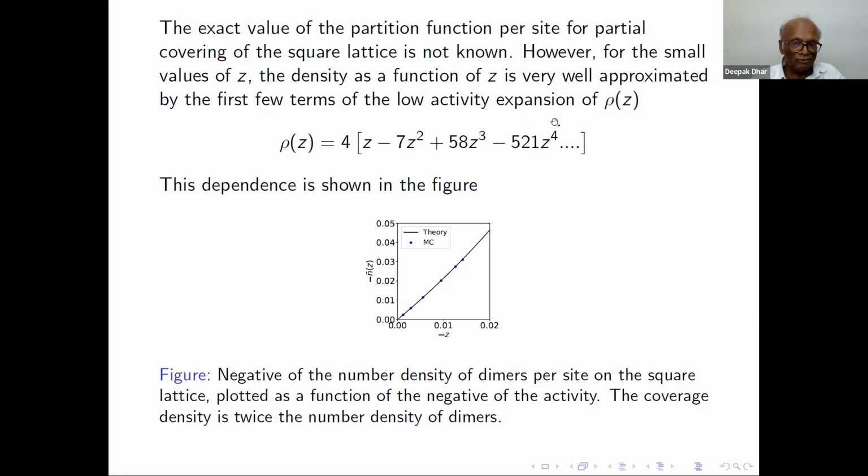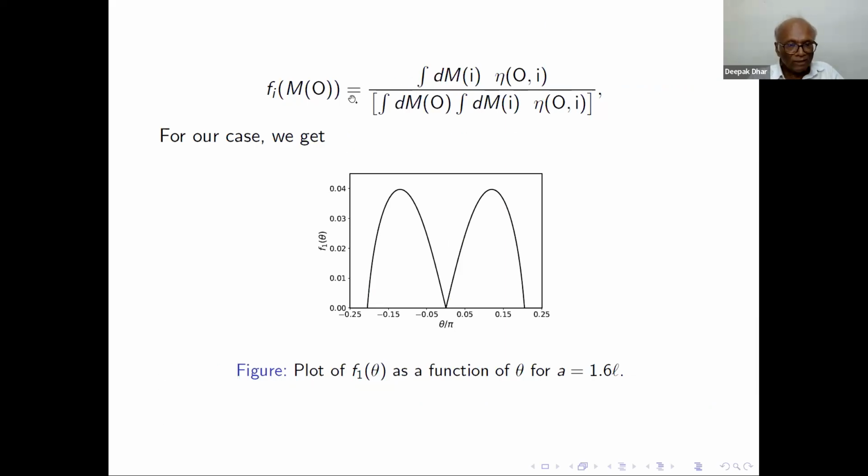Even Z to the power 4 is sufficiently small, so the sum of this series is well approximated by these first 4 terms. So rho of Z can be determined numerically as a function of Z, even though we don't have an analytical formula. And then f of m, which is the orientations, you can also determine numerically by doing those integrals explicitly, and it looks like that.